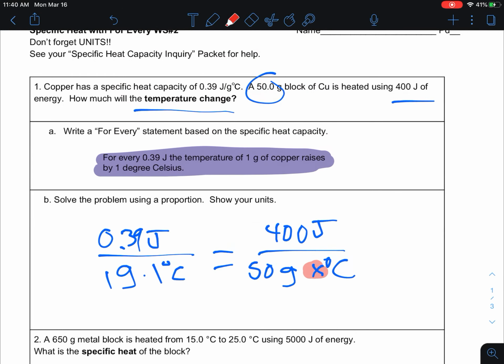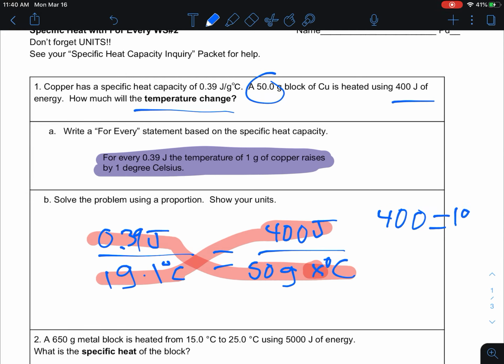All right, so now we have to do our cross multiplication. So we're going to do the first one together, super easy. 400 times 1 times 1 gets us 400. Okay, and then we're going to have to take 0.39 times 50. And that's going to give us about, stop me if I'm wrong, about 19.5.